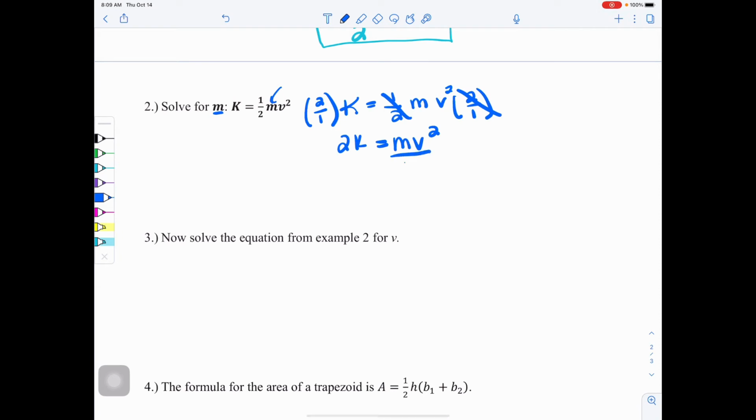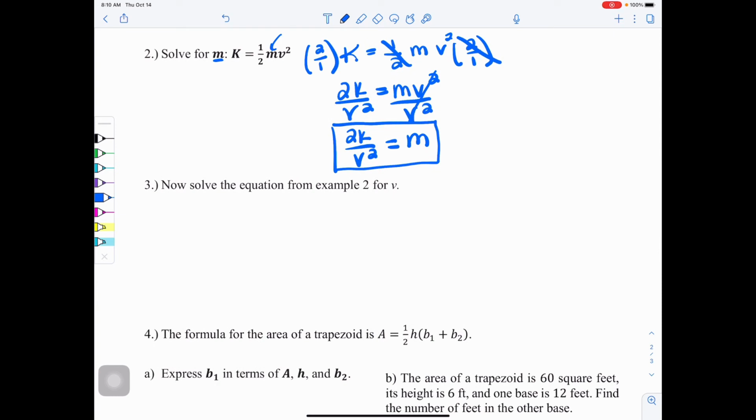I'm going to divide by v squared because that's what I'm trying to remove. Whatever I do to one side, I must do to the other. That allows these to cancel, and I end up with 2k over v squared because there's nothing I can do to simplify that. There's no like terms, and that's going to be equal to m. So I have successfully taken m and isolated it.